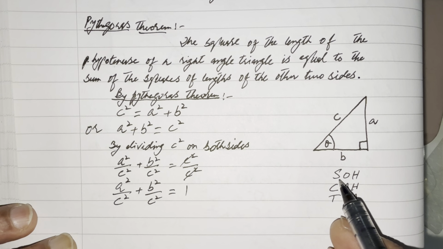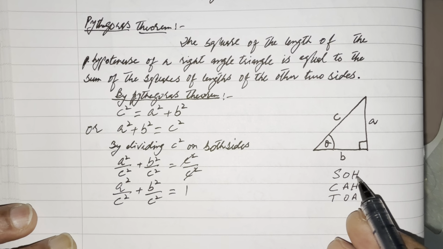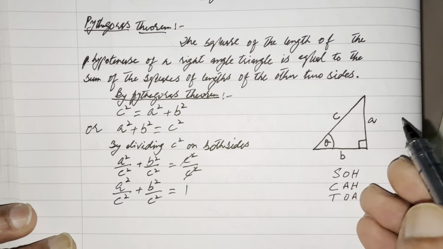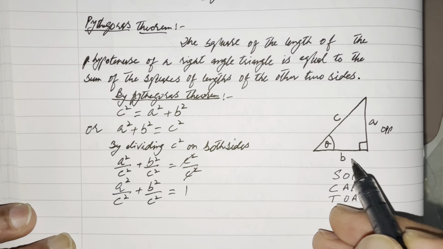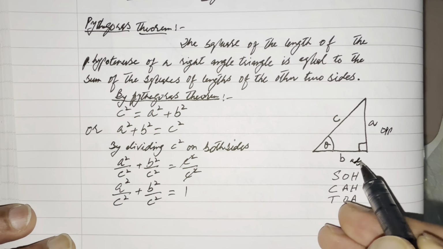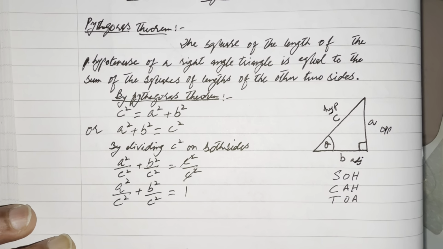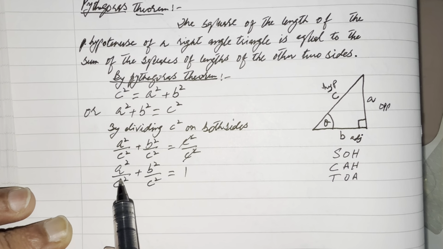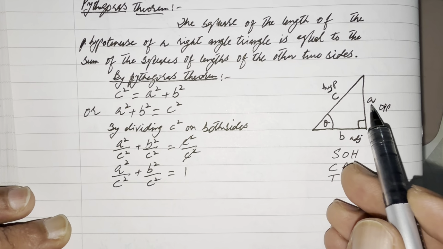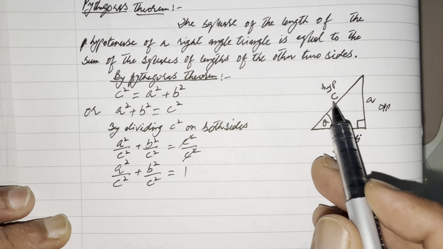Sine theta is equal to the opposite side divided by hypotenuse. So that is the opposite side, this one is the adjacent side, and this one is the hypotenuse. We can say A square divided by C square, so sine is equal to opposite over hypotenuse.